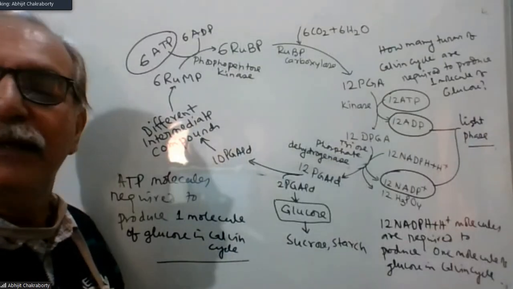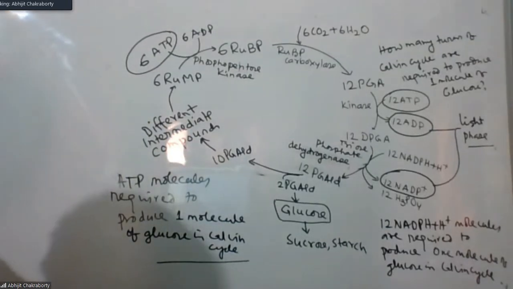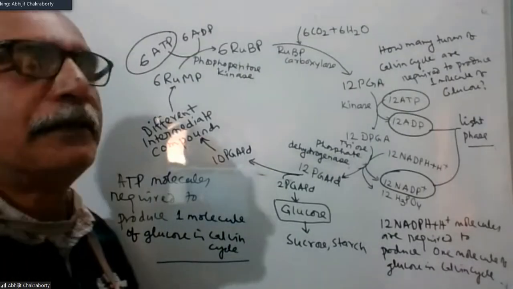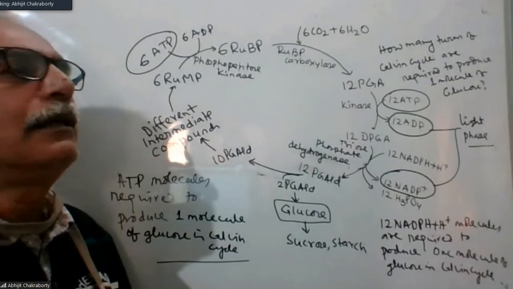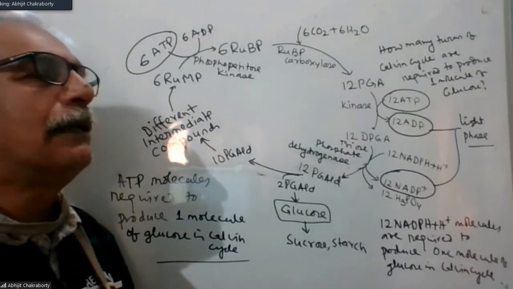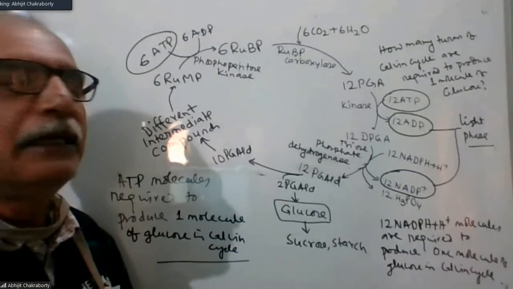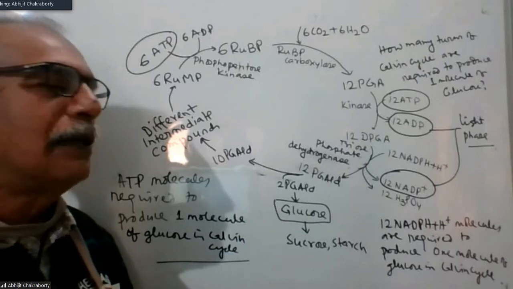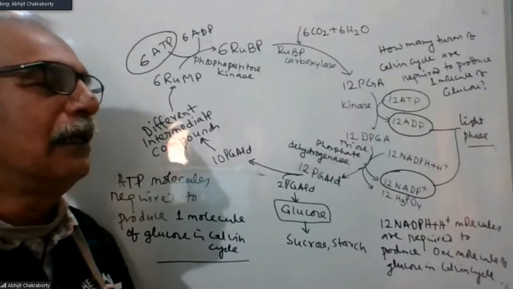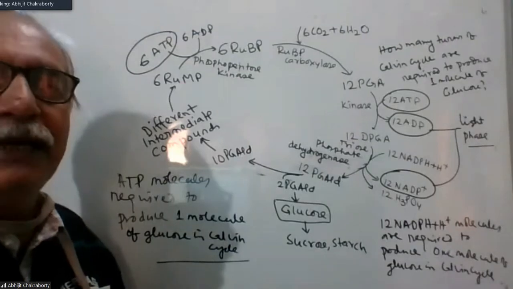The ADP and NADP plus produced in the dark phase are required to carry out the light phase, and the ATP and NADPH produced in the light phase are required in the dark phase. In this way, these two phases are interdependent. Clear?